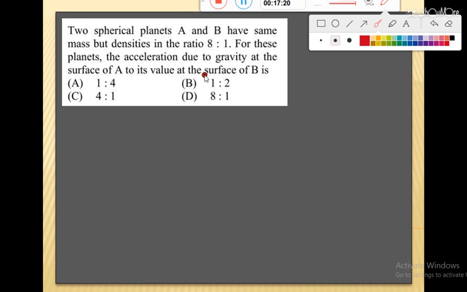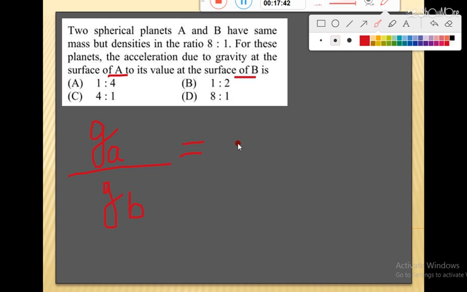After that students, acceleration due to gravity at the surface of A to the surface of B, let's suppose g1 by g2, or you can say ga by gb. I hope you know about this acceleration due to gravity value.